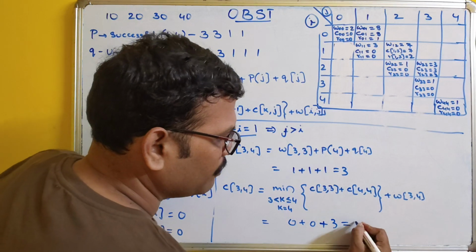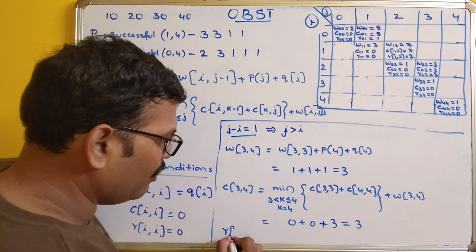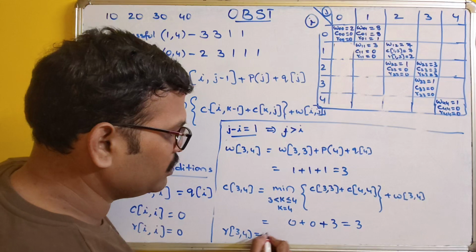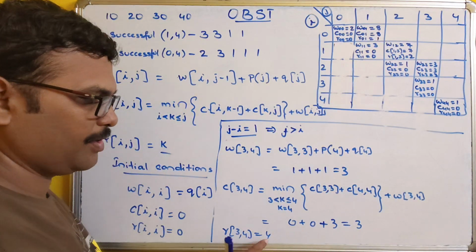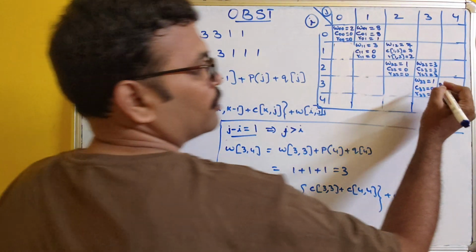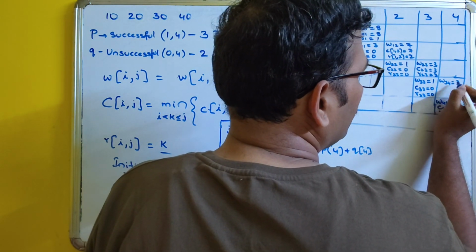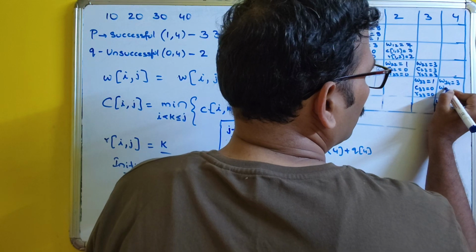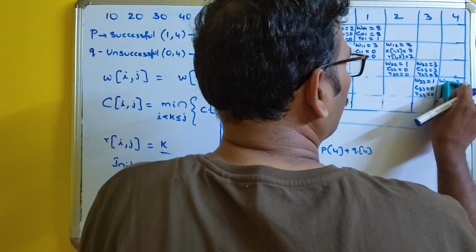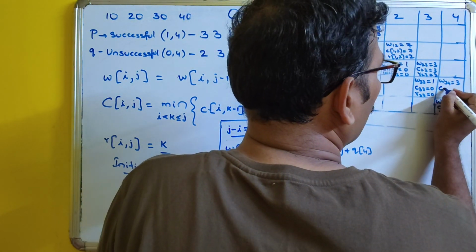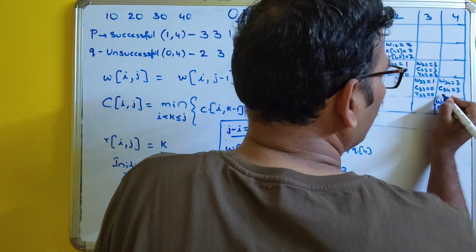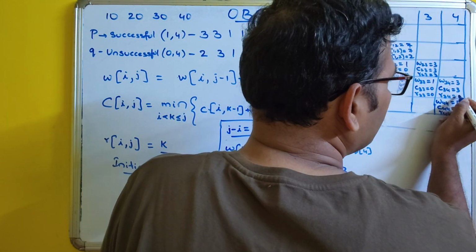So it is 3. And R of 3 comma 4 is 4, since the k value is 4. So fill in here: W of 3, 4 is 3, C of 3, 4 is again 3, R of 3, 4 is 4.